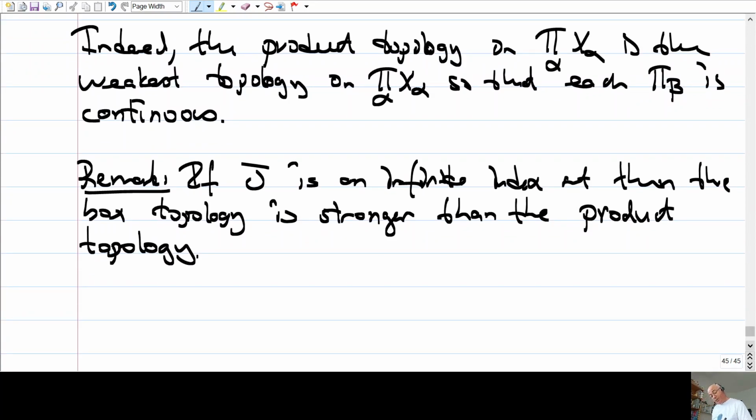Why is that? Well, of course, I should say maybe, because if you choose the X alphas to be very small topologies, then they might be equal to each other.